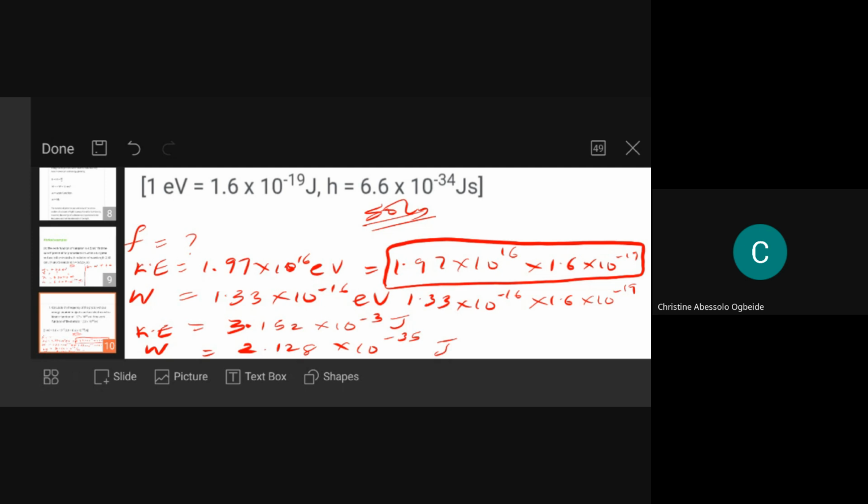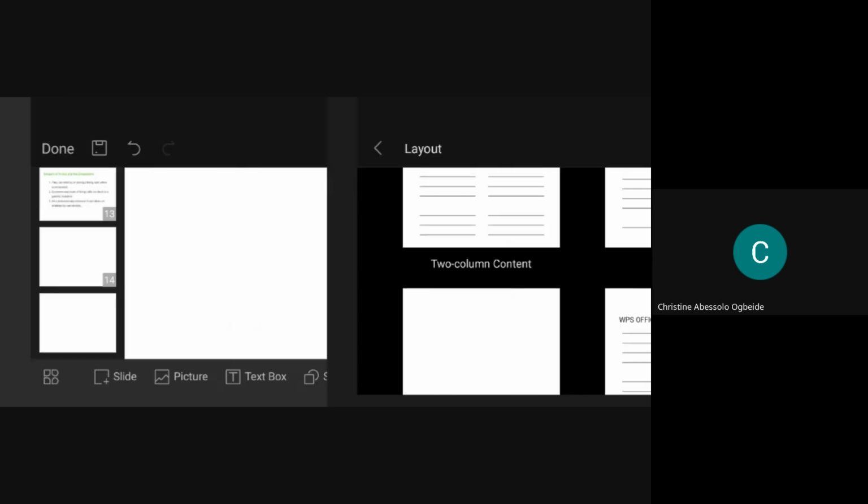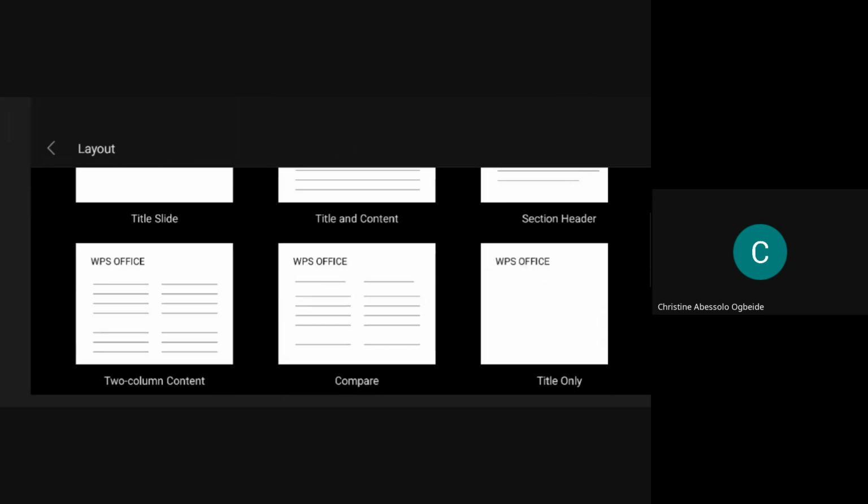So these are the values all given in joules. All right. So let's now use them in solving our question.